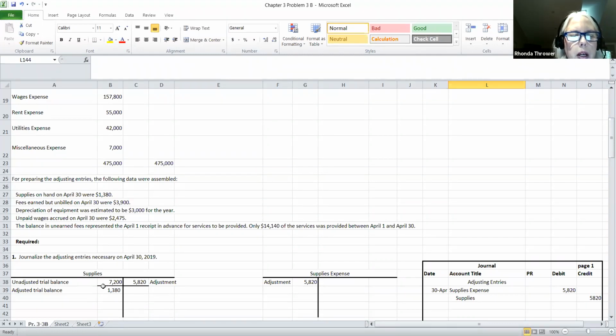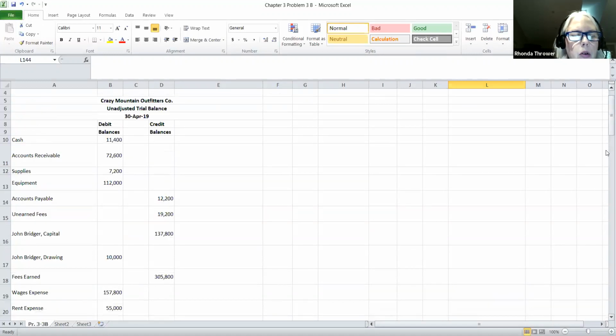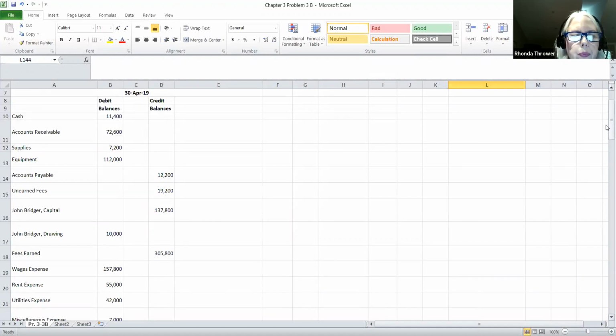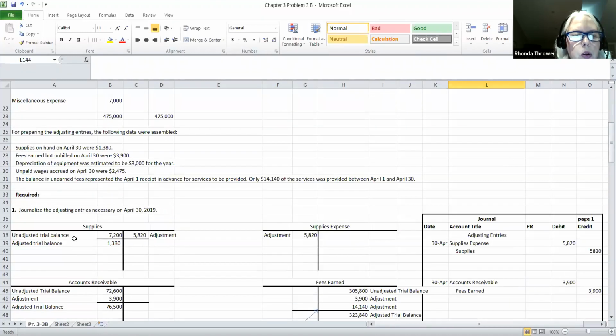I'm going to go to my unadjusted trial balance and pick up the amount of supplies that we had in that account. The amount is $7,200. I'm going to record that as my unadjusted trial balance amount. These T accounts represent your ledger accounts.